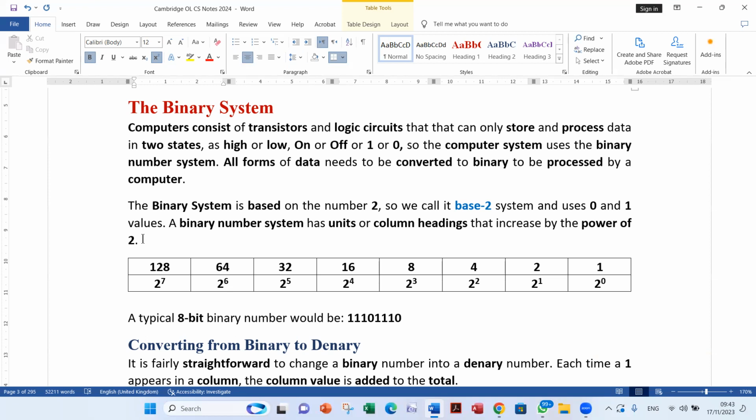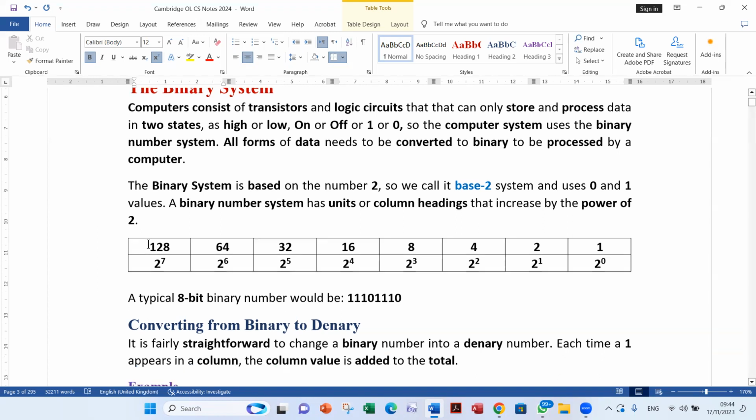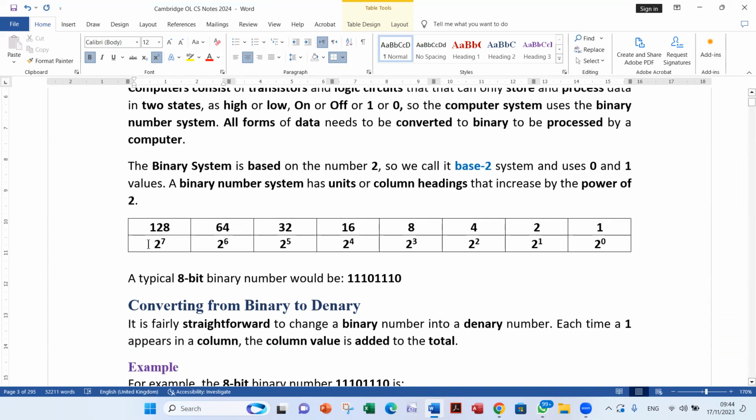Let us now go to the conversion because definitely you will be having questions about converting from one numbering system into another numbering system. So it is fairly straightforward to change a binary number into a denary number.